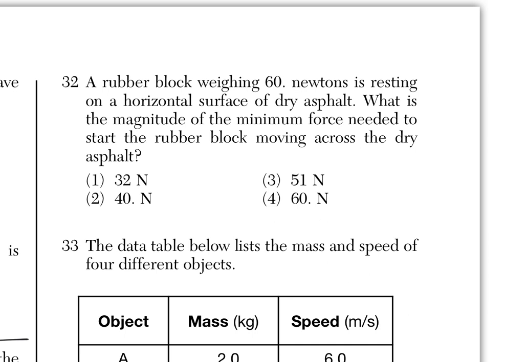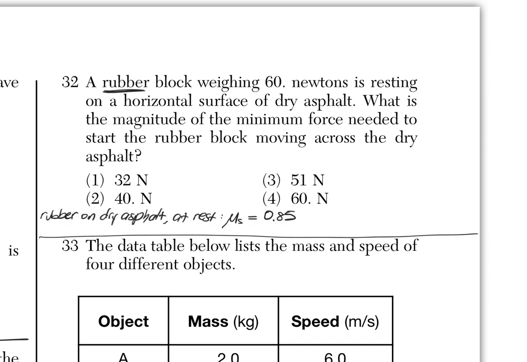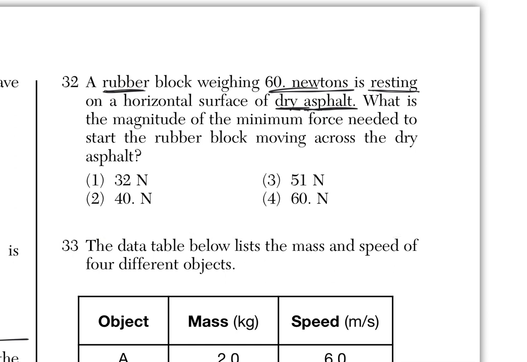We have 32. Right away it says rubber resting on dry asphalt. That would be the static coefficient, because you're at rest, of 0.85. No units for mu. We know the weight is 60 newtons, and the weight is equal to the normal force. Then it says the minimum force needed to start the rubber block moving across the dry asphalt.